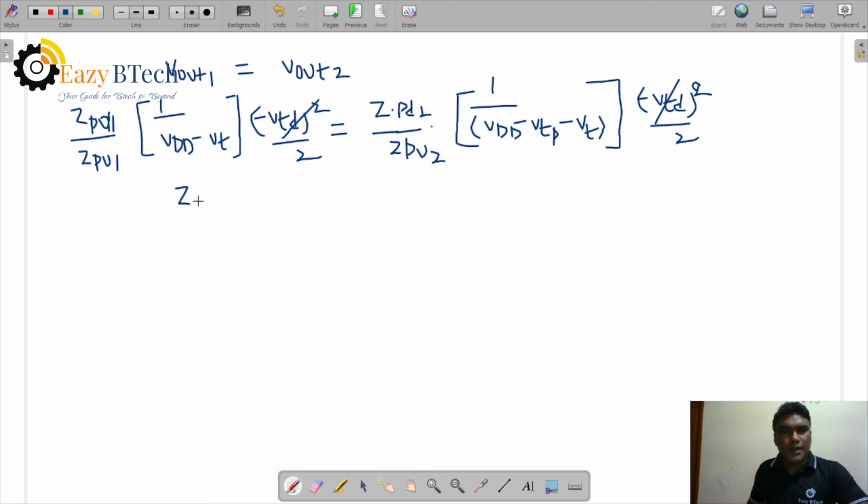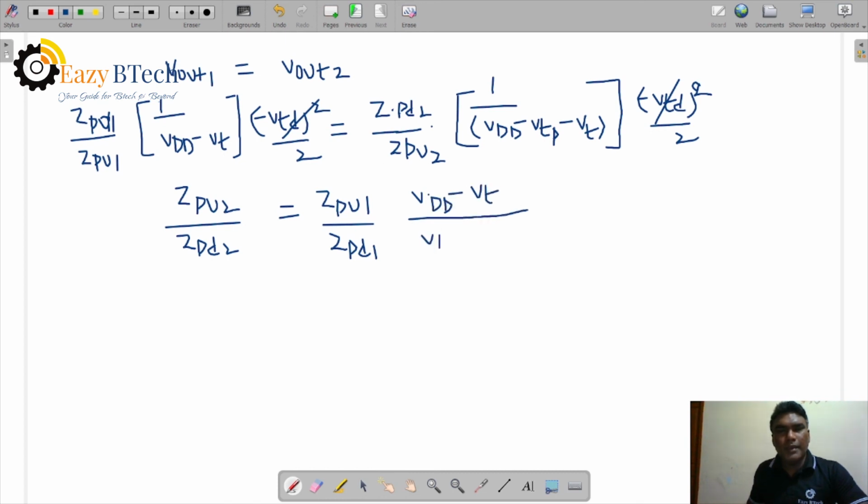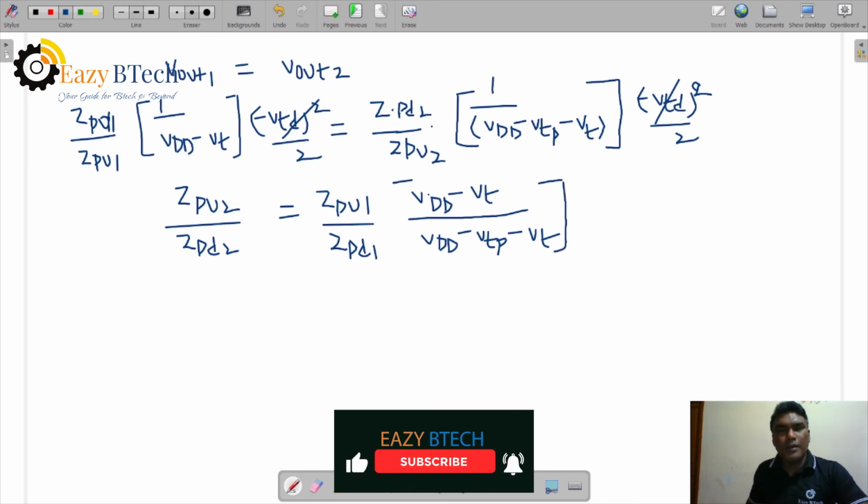Now take the left side, we can find Z pull up 2 by Z pull down 2 is equal to Z pull up 1 by Z pull down 1, multiplying by VDD minus VT by VDD minus VTP minus VT.